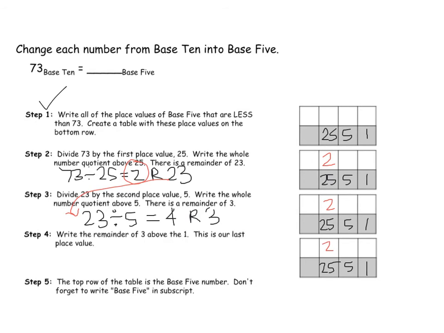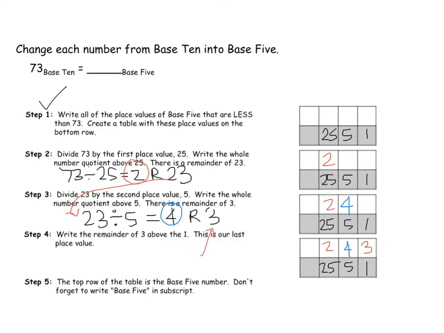So I am going to take that 4 and I'm going to write that in the place value above the 5. We have a 4 in the place value of 5. And since we're down to our last place value, the 1s, we know that our remainder is going to go in the last slot. So we have a remainder of 3 1s.